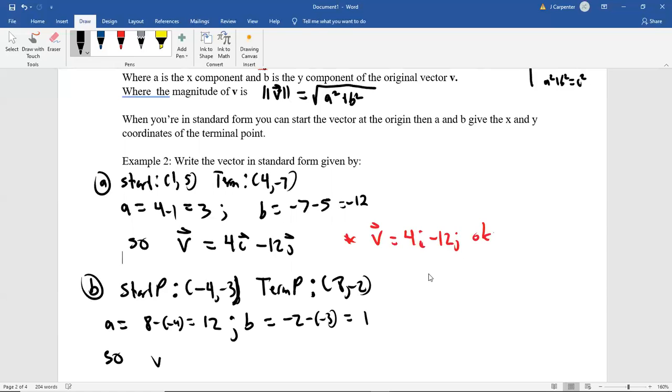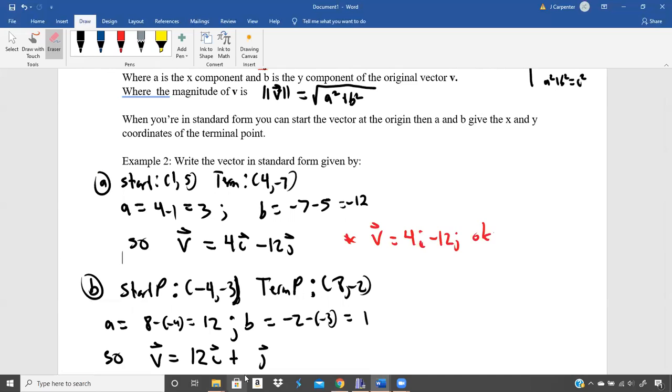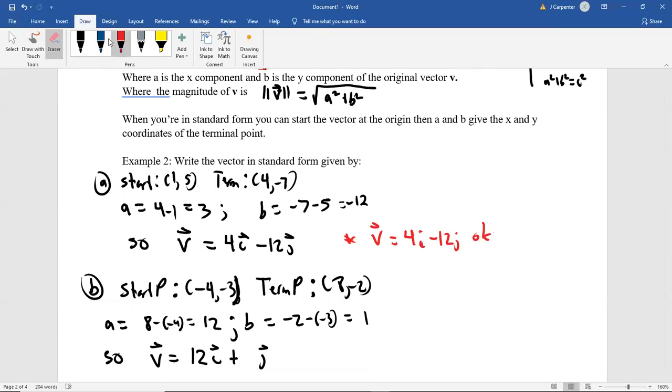So that means our original vector in standard form can be represented by 12i plus, do I really need to write this 1? No. 1 times j is just j. You can write the 1, but my math lab will probably mark it wrong. On a test, if you point that out to me, I'll give you credit for it, sure, but on a homework, you'll have to do it again.